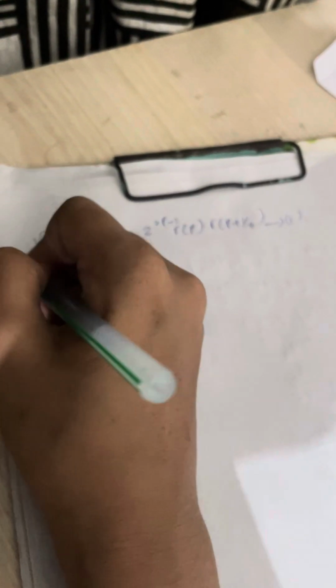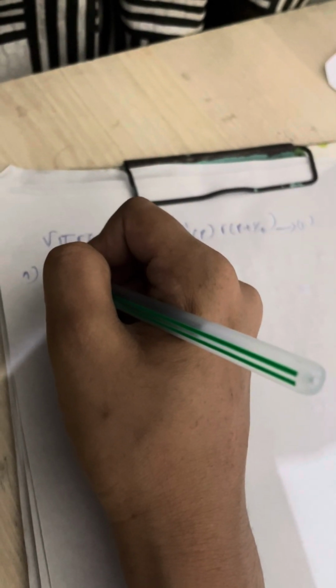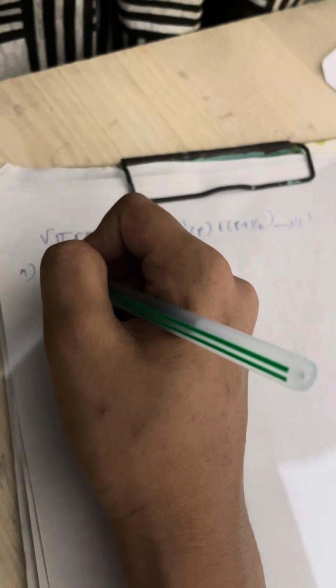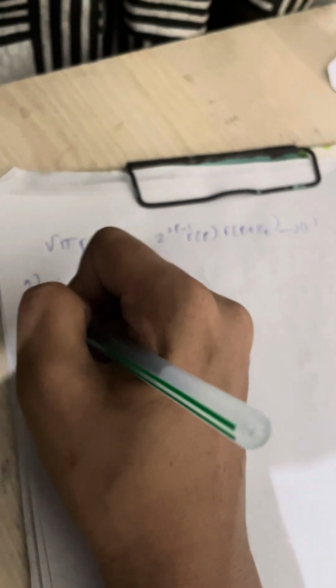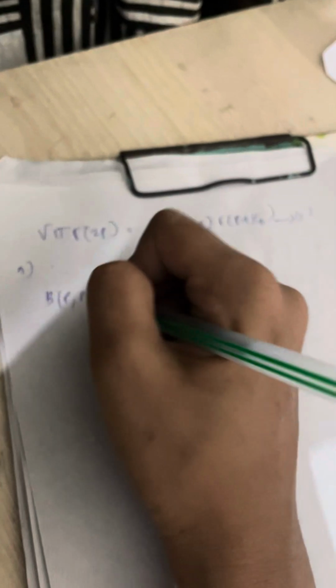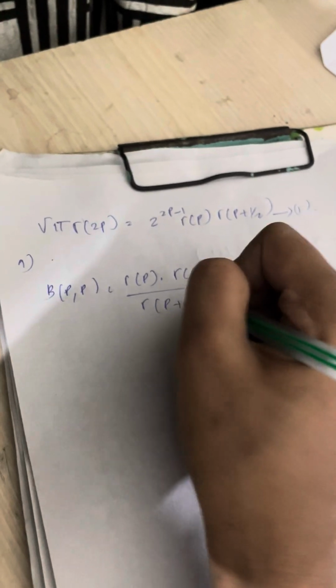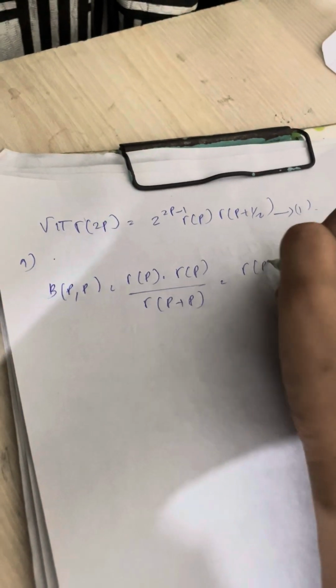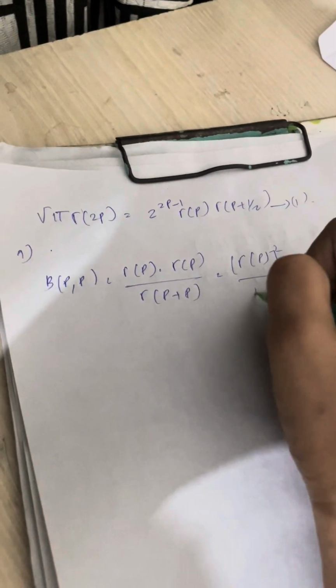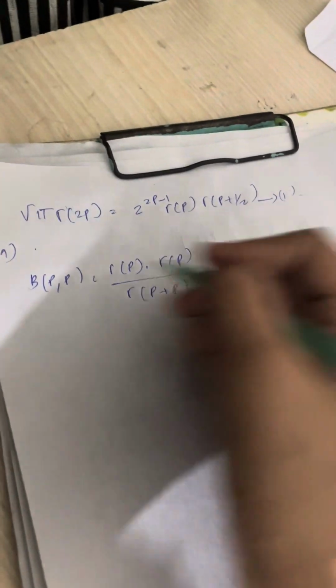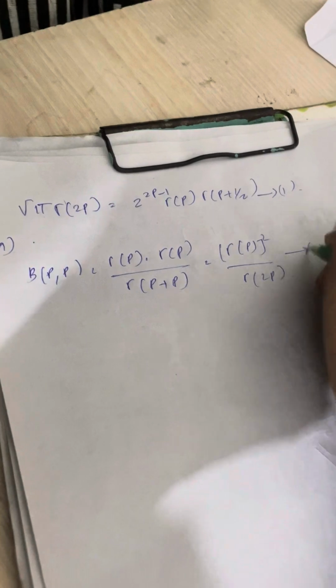Then the first case is from the relation between beta and gamma function, we have beta of p comma p, which is equal to gamma of p into gamma of p by gamma of p plus p, which is equal to gamma of p whole square by gamma of 2p. And this is the equation number 2.